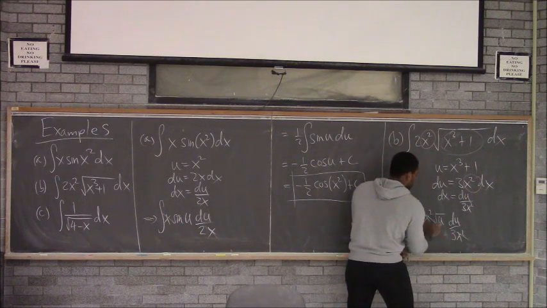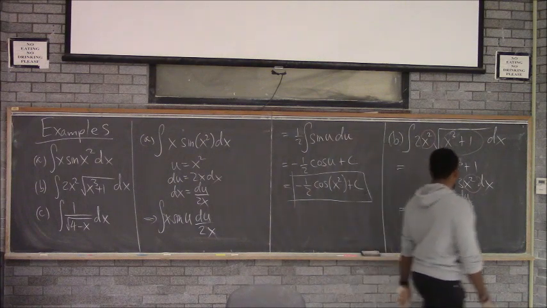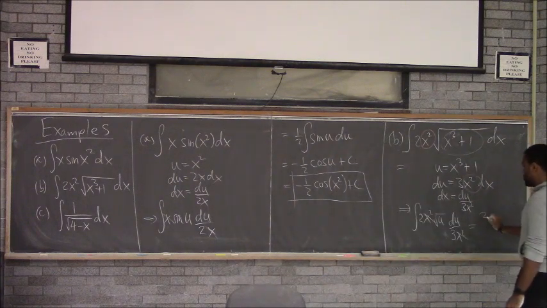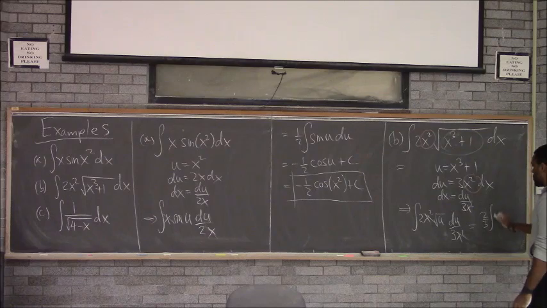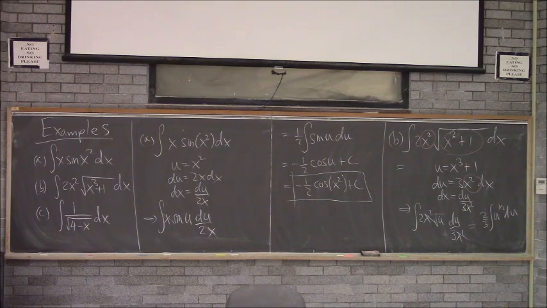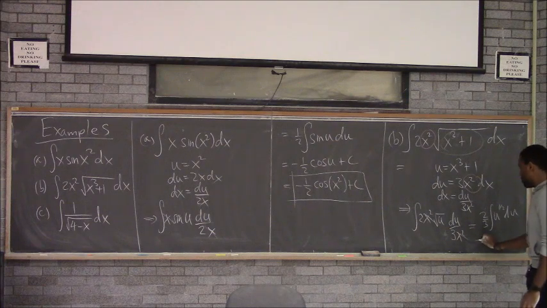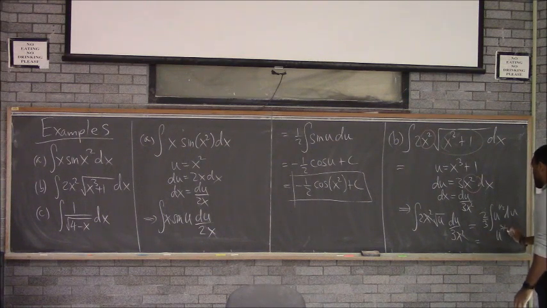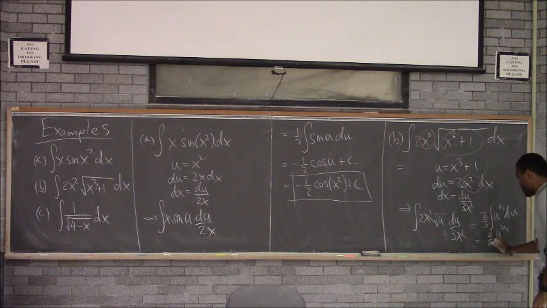The x squared will cancel. And you would end up with 2/3 the integral of u to the 1/2 du. That would equal u to the 3/2 times 2/3, so it's 4/9 u to the 3/2 plus c.